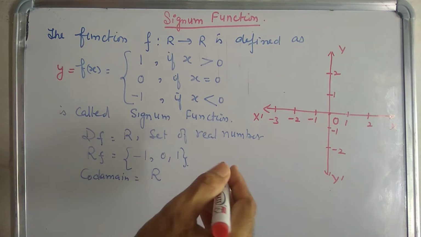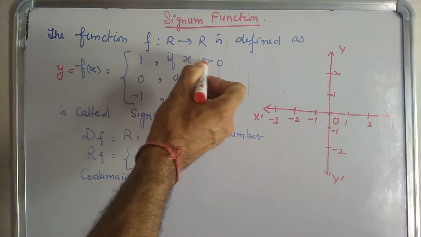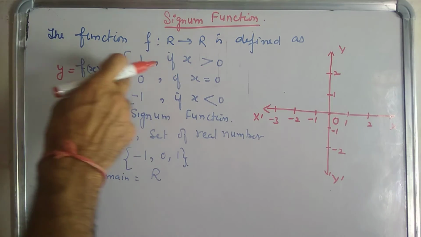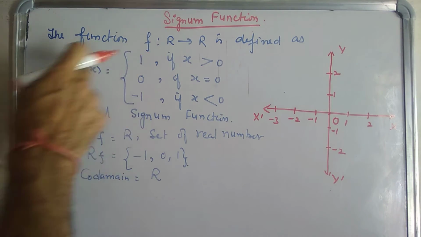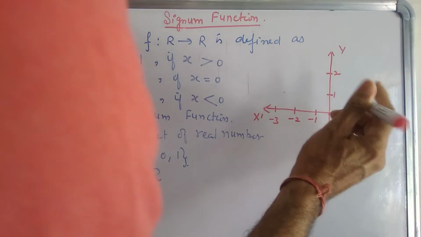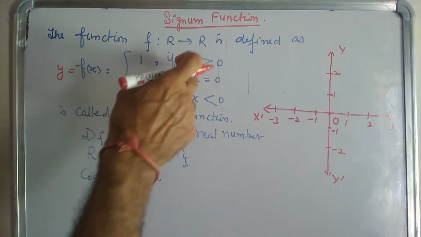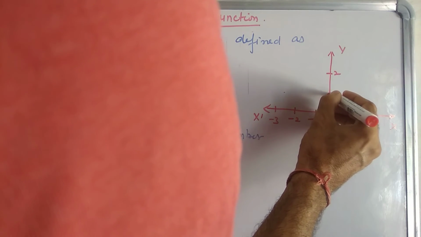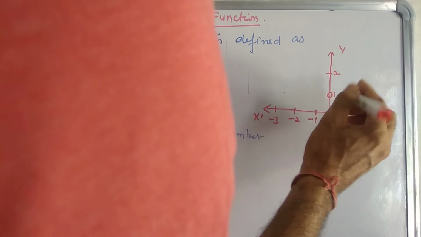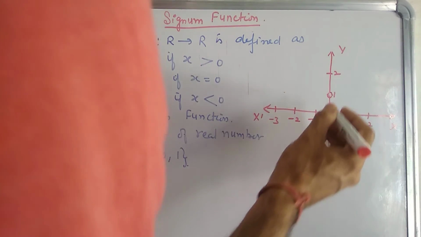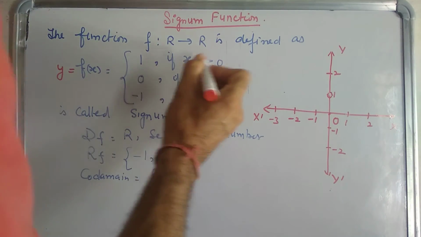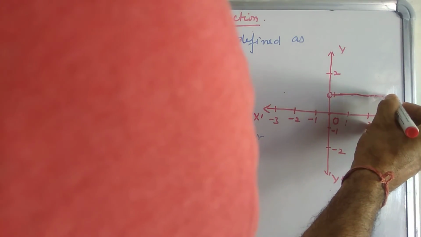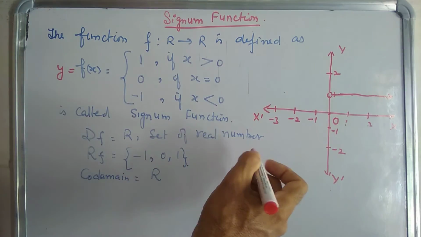If we give positive input, the value of y will be 1, but x is not equal to 0, so this point we depict as hollow, because x is not 0. So the graph will be like this if we take all the positive values.